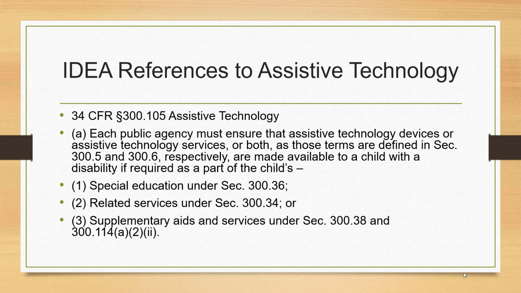IDEA references AT in a couple of areas. 34 CFR Section 300.105 says that each public agency must ensure that assistive technology devices or assistive technology services, or both, are made available to a child with a disability, if required as part of a child's special education, related services, or supplementary aids and services.